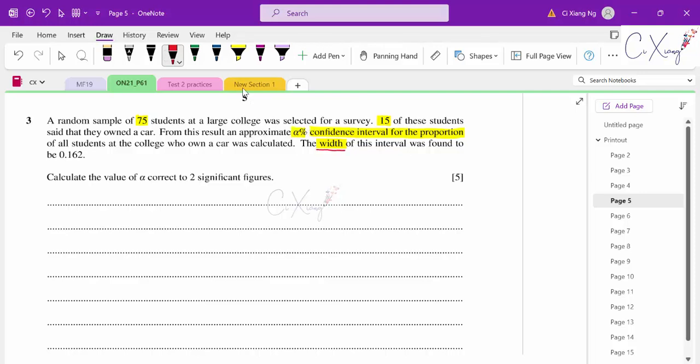For any confidence interval for proportion, to calculate the width, you have to take the upper limit minus the lower limit.